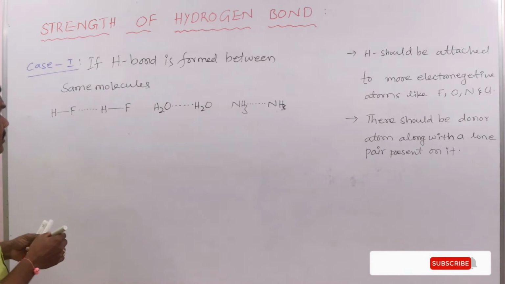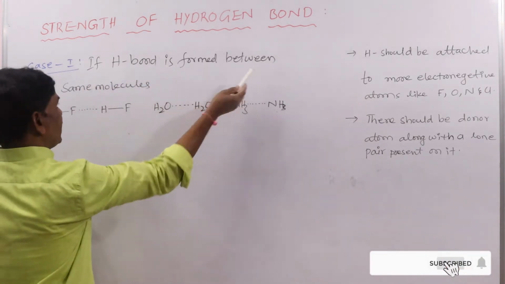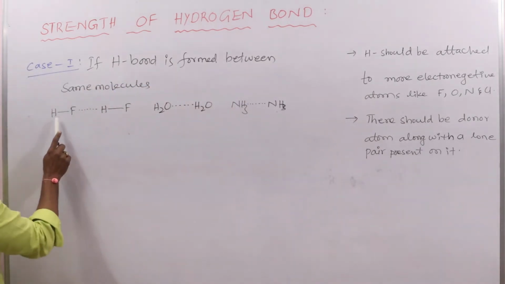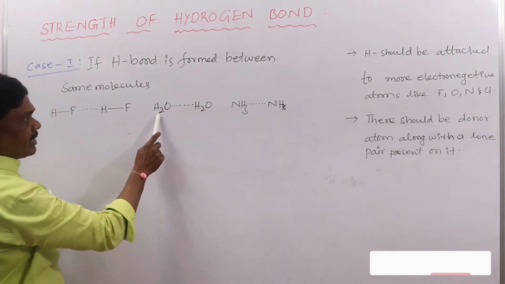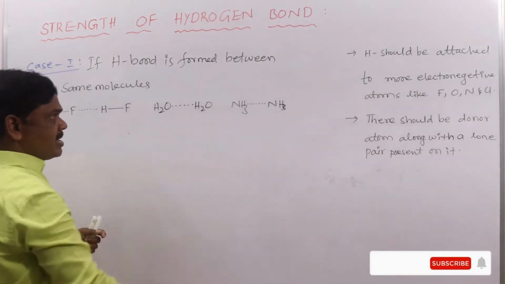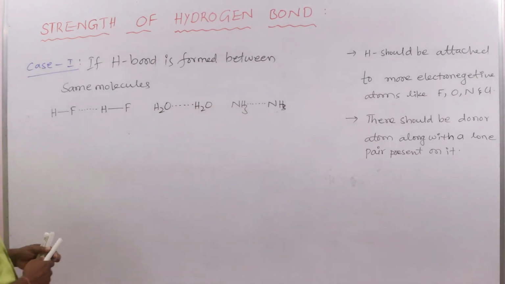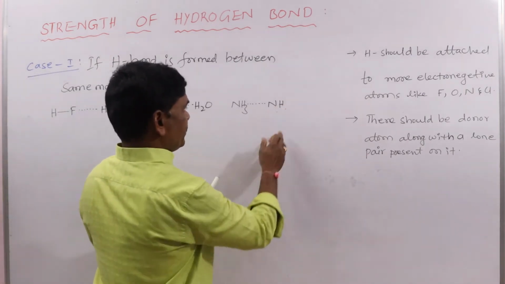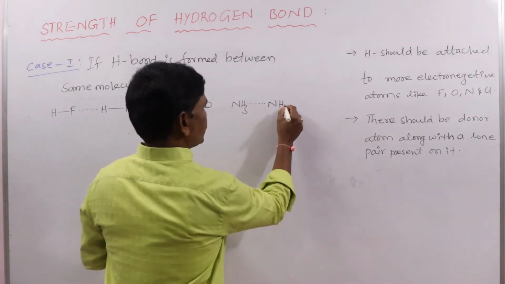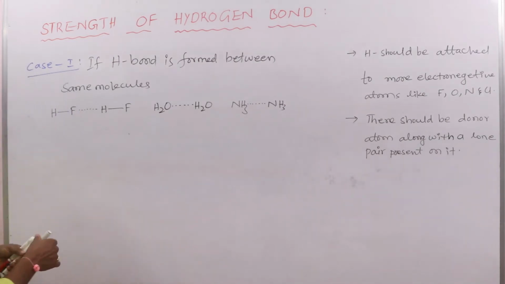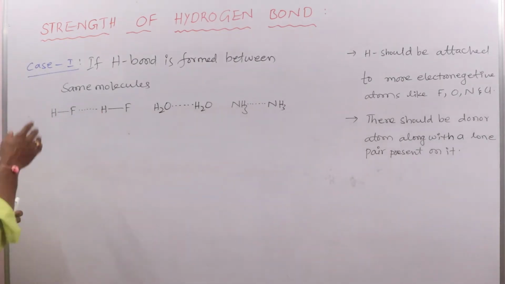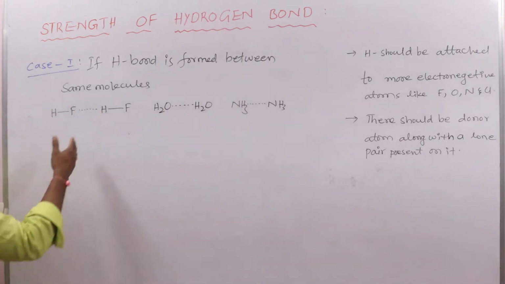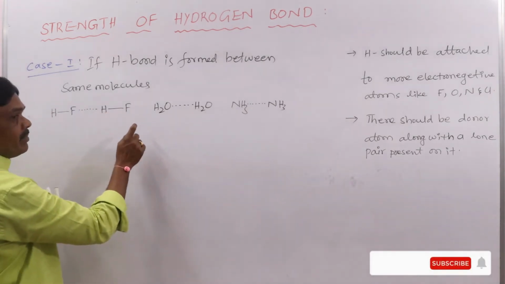Okay, so like this, if hydrogen bond is formed between same molecules, hydrogen fluoride, water molecule, ammonia. So how do we calculate the strength of hydrogen bond? Now here we are calculating the strength of hydrogen bond.